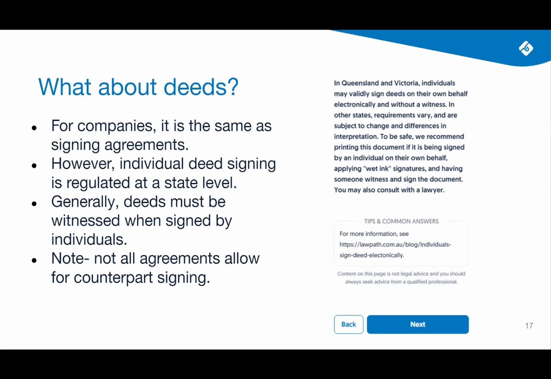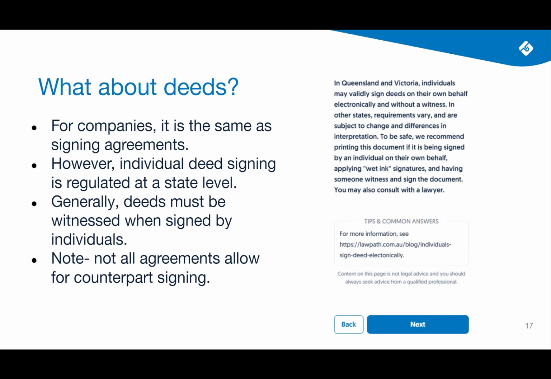However, individual deed signing is regulated at a state level, which is why it gets tricky. So we generally recommend that people print out deeds and sign them by hand, get them witnessed physically. However, if you seek convenience, in Queensland and Victoria, but nowhere else, individuals may validly sign deeds on their own behalf electronically and without witness.